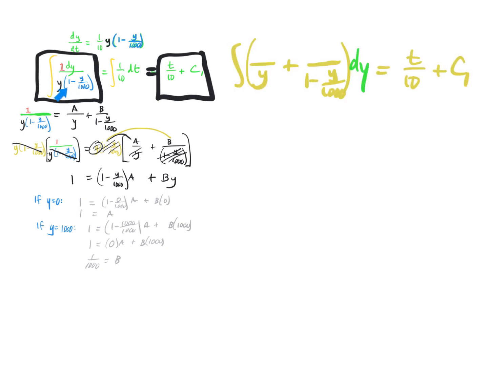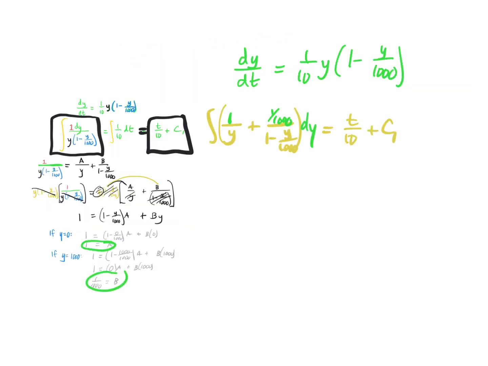So this integrand is decomposed into fractions, and the a value we figured out is 1. And the b value we figured out was 1/1000th. Remember, we are solving this differential equation. We've separated variables and done partial fraction decomposition, and now we're here.